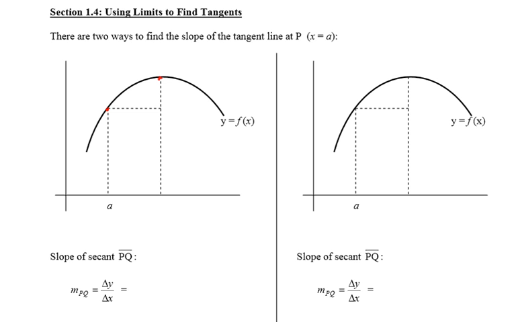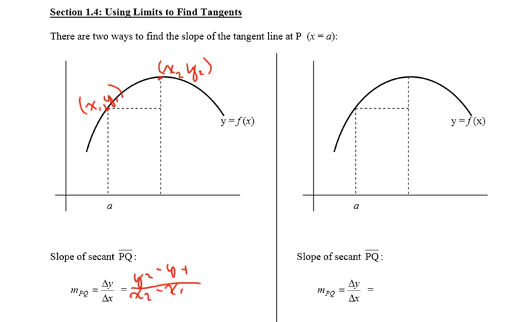Let's say this is x2 and y2, and this one is x1, y1. So for delta y we've got y2 minus y1, over x2 minus x1. Good.